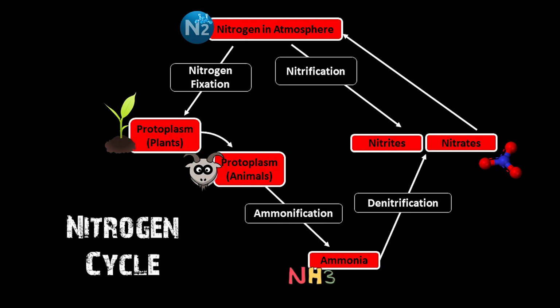There is something called denitrification, a process where ammonia is separated back into nitrites and nitrates, and again goes back to the environment. So there is an entire cycle that is created, and this process is called the nitrogen cycle.